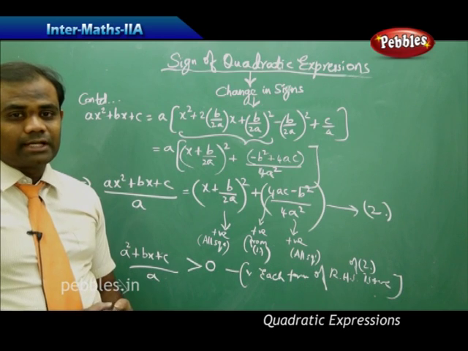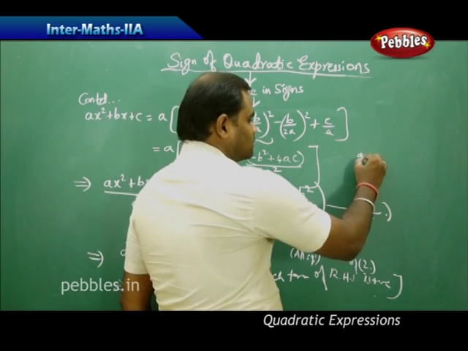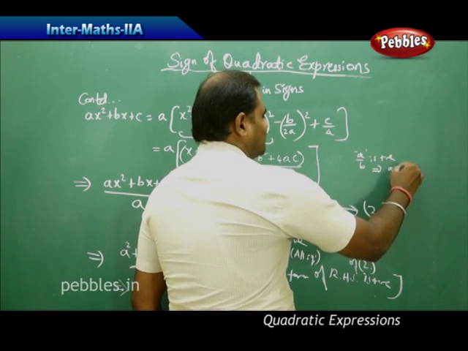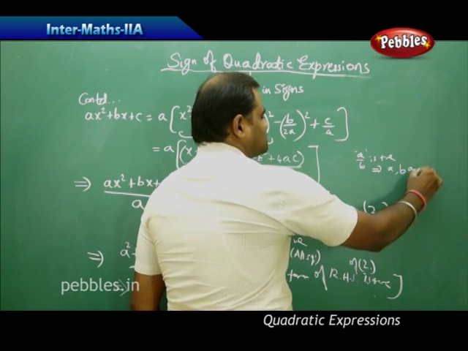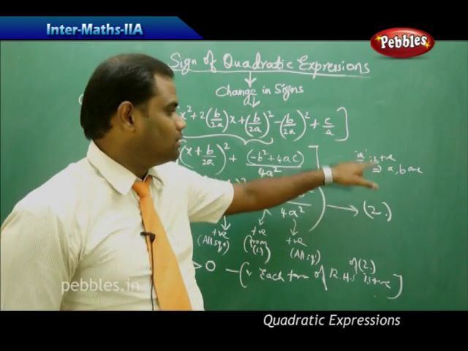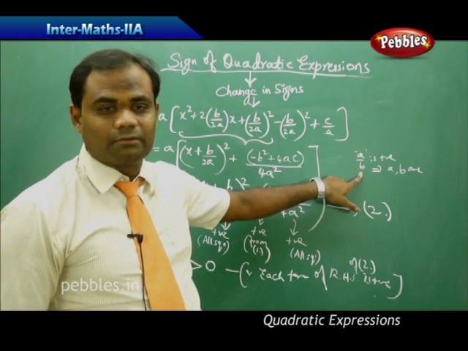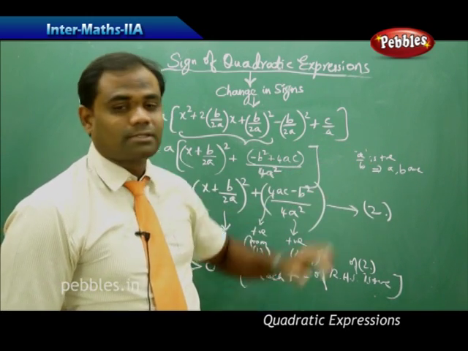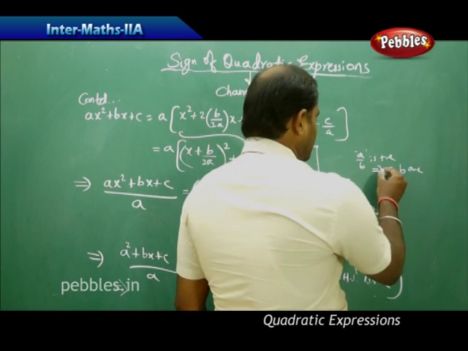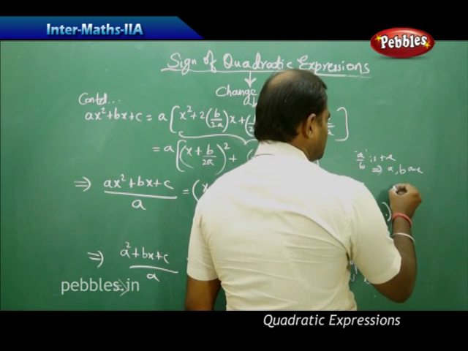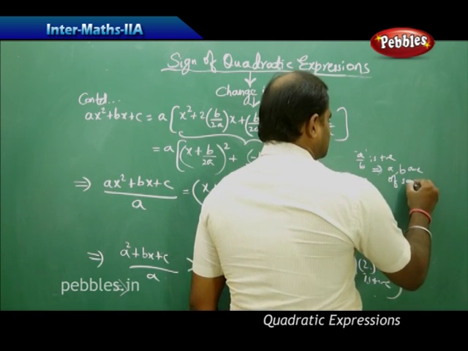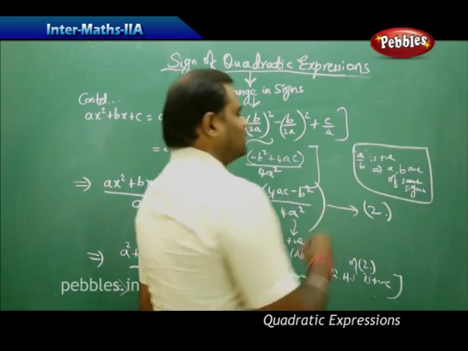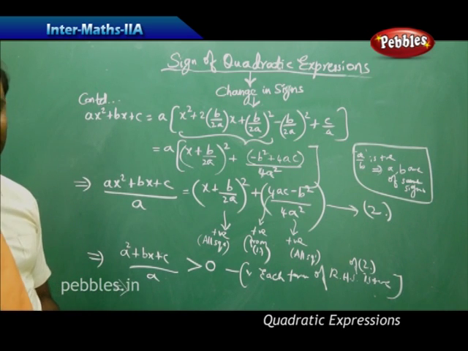Therefore the rule says that if a by b is positive, a and b are of same sign. They should be either both positive or both negative, but they cannot have opposite signs. Opposite signs make this negative. So when a by b is positive, that implies a and b are of same signs, which is the property we have identified in the general properties of fractions.